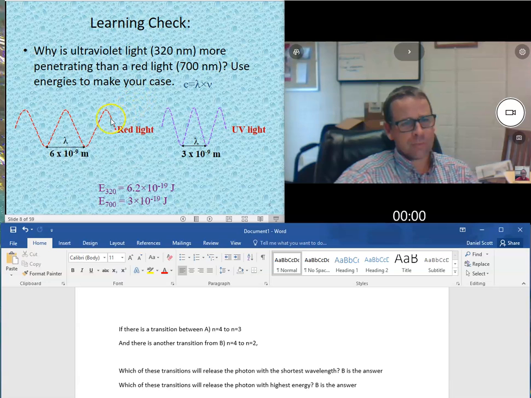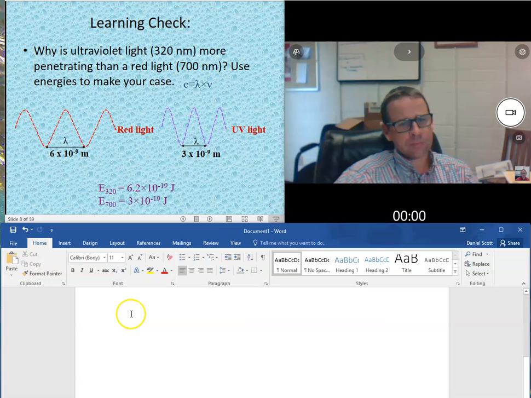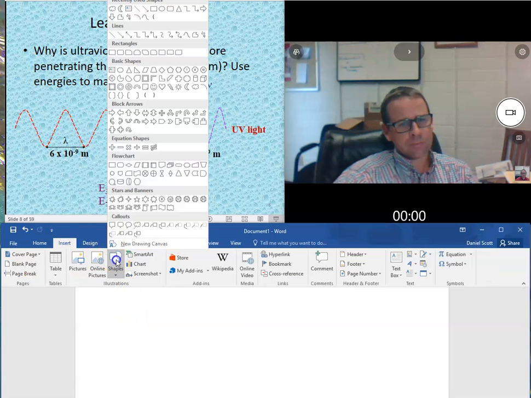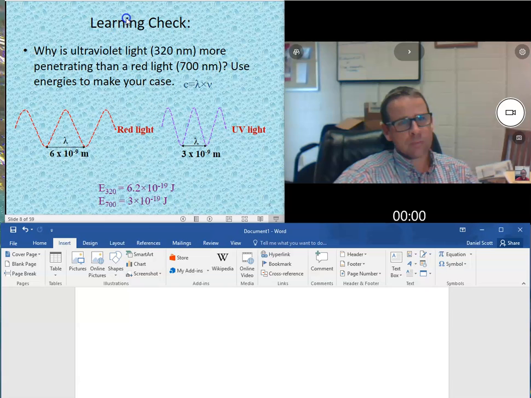Like your picture that you have right there of the red and ultraviolet. The ultraviolet one is steeper, or not necessarily steeper, but narrower, and so there's more wavelengths. Do they end up covering the same amount of distance, and that's how we know that one of them is emitting more energy because there's more peaks in that same amount of distance?